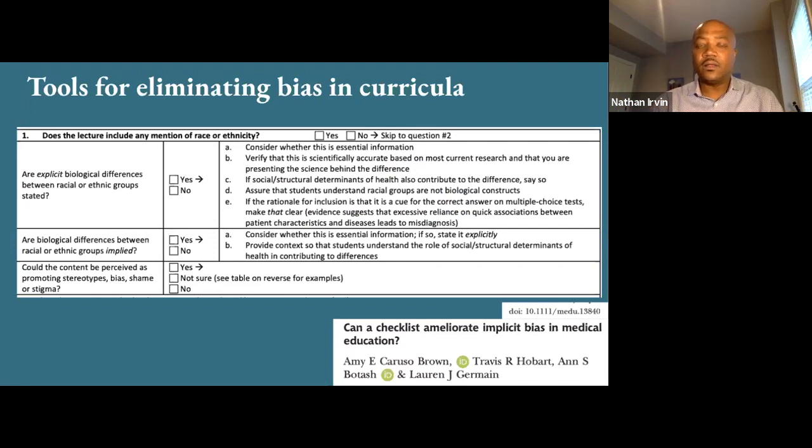Looking through our own lectures, or the lectures of the learners that we're mentoring, and figuring out whether there are biases being perpetuated, utilizing these toolkits is one approach we can take to further this aim as well.